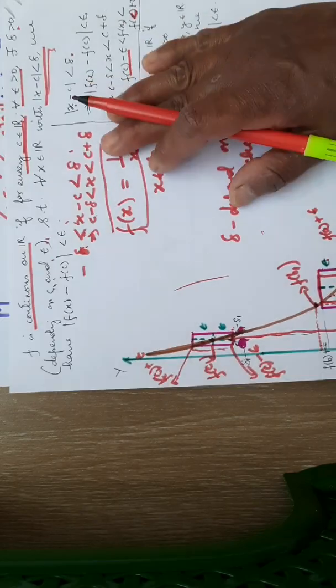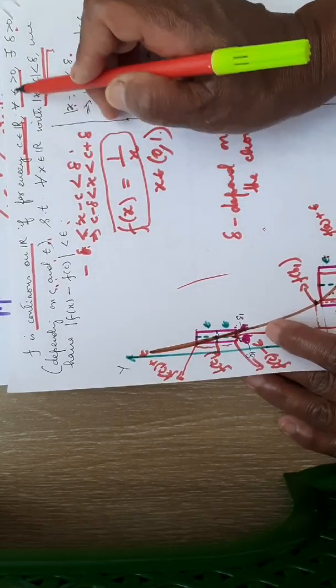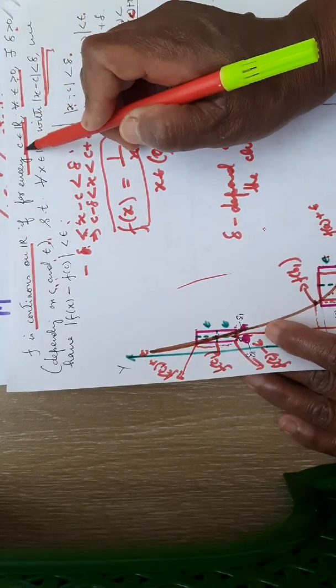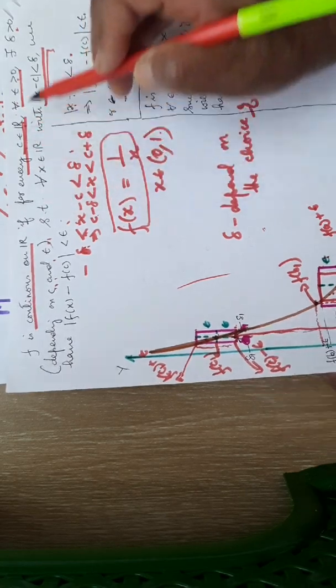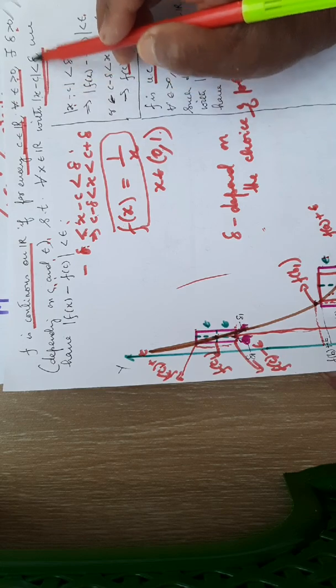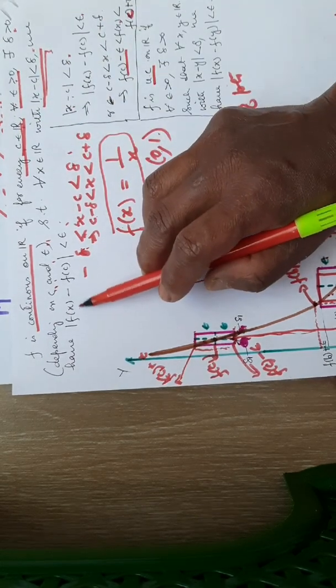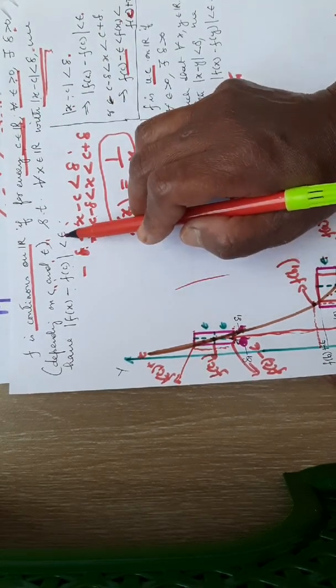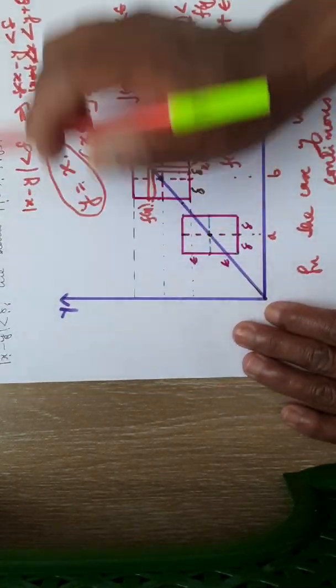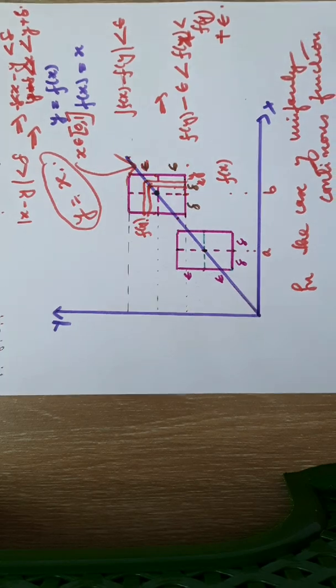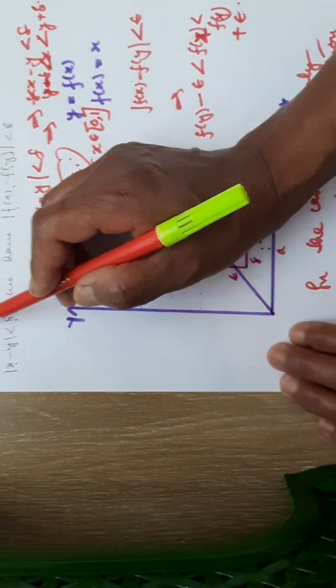But in the case of a continuous function, the delta depends not only on epsilon but also on the choice of the point, for which mod x minus c less than delta always implies mod f(x) minus f(c) less than epsilon. Hope it is clear now regarding the difference between a continuous function and a uniformly continuous function.